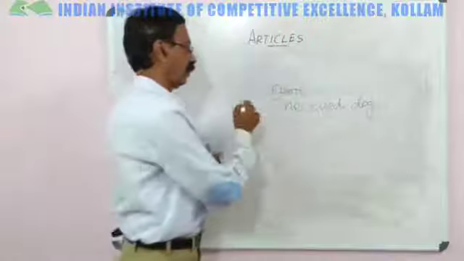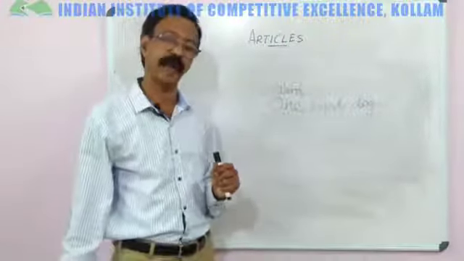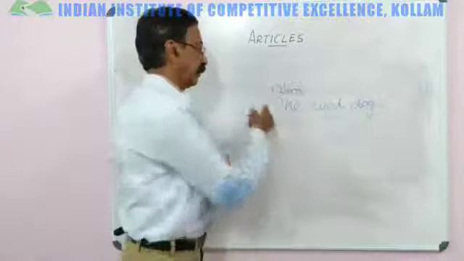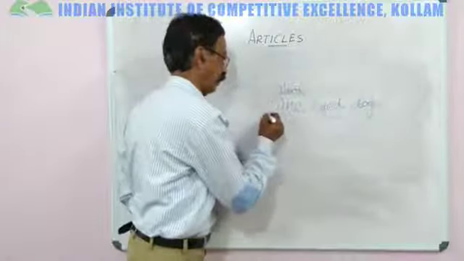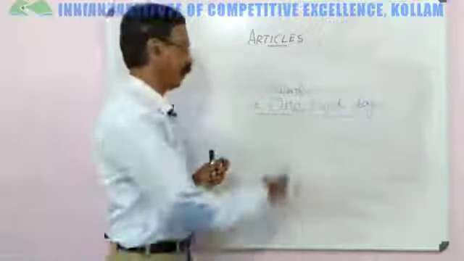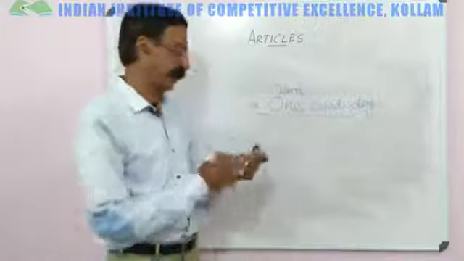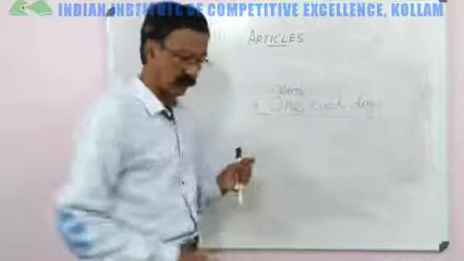One. A one-eyed or an one-eyed? A one-eyed dog. As the first sound is not a vowel sound, it is a consonant sound, wa.